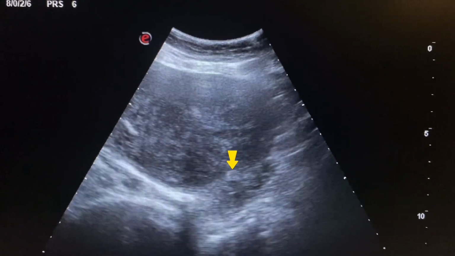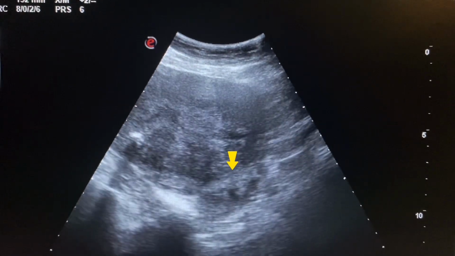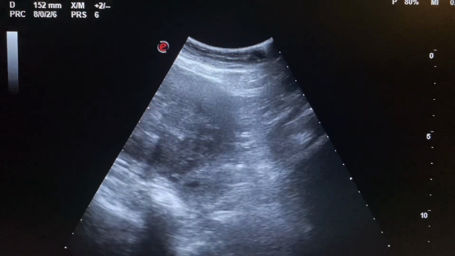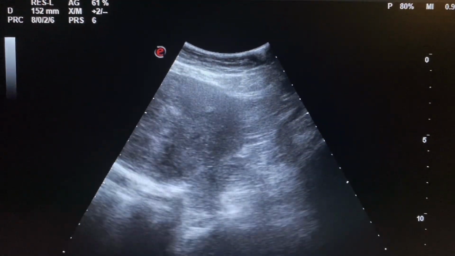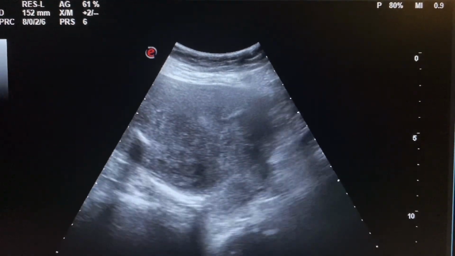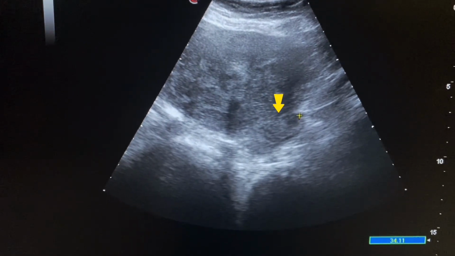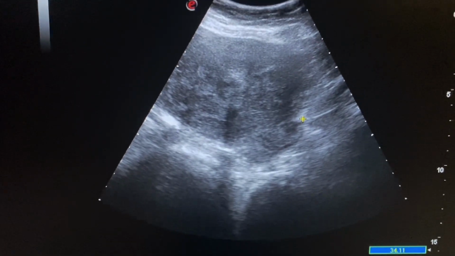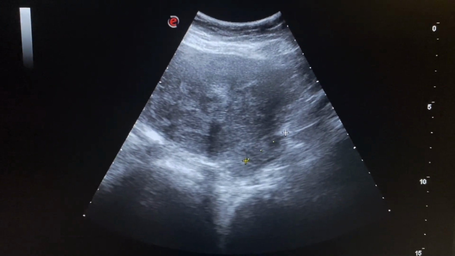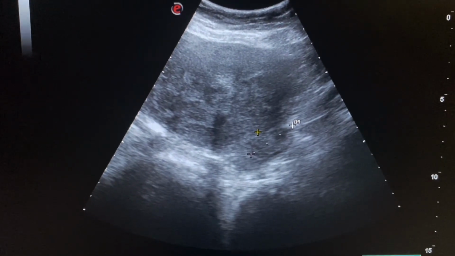Here we also see the left adnexa, or left ovary. Now we will measure the size of the ovary. The ovary is normal in size and shape and shows normal texture.